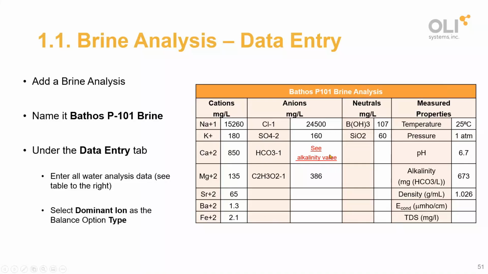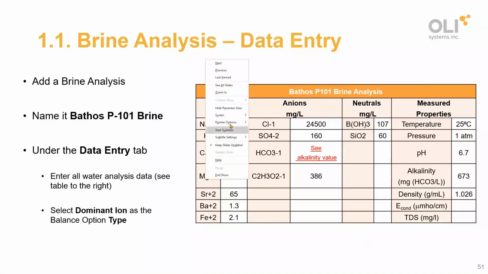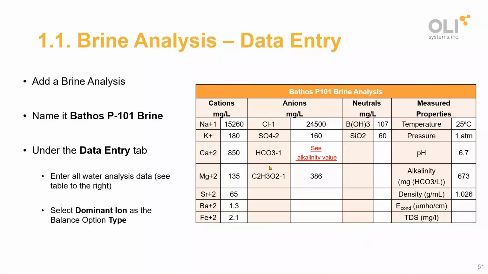This is a case where we have measured a total alkalinity, but not the inorganic carbon. Down here is the acetate ion, and the acetate ion is also contributing to the total alkalinity.